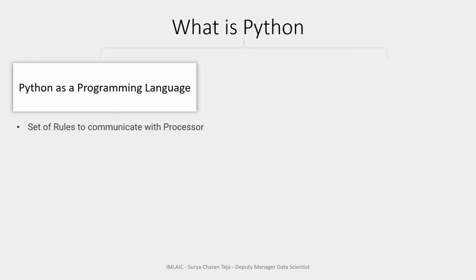So Python is a programming language, or it is a kind of book, like a spoken English book, spoken Kannada book, spoken Tamil book, a spoken Hindi book. It's a kind of book or document which consists of a set of rules to communicate with the processor. What are those rules?